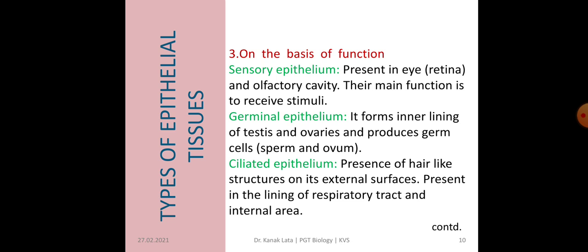It forms the inner lining of testes and ovaries and helps in production of germ cells. Germ cells means gametes, that is the sperms and ovum. Next one is ciliated epithelium. Ciliated means presence of cilia. So here there are hair-like structures on its external surface, and they are present in the lining of respiratory tracts and internal areas.